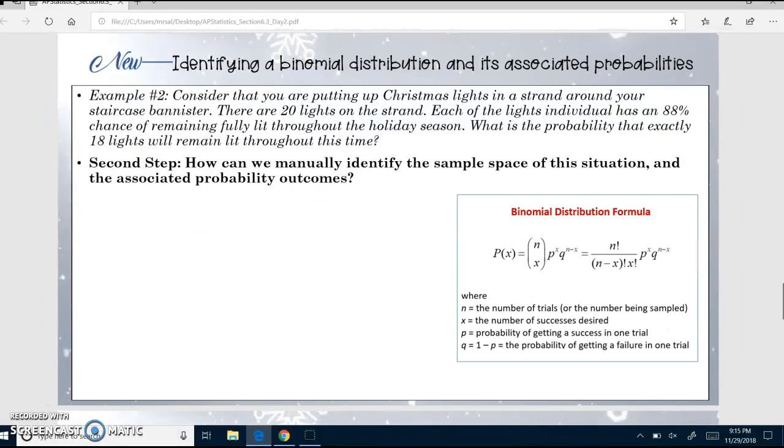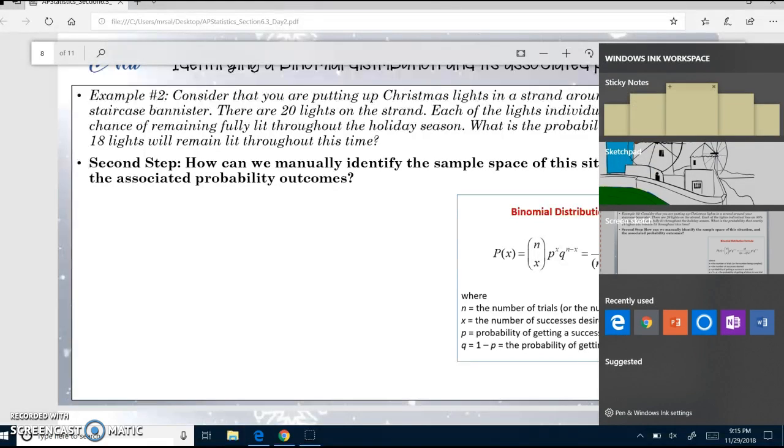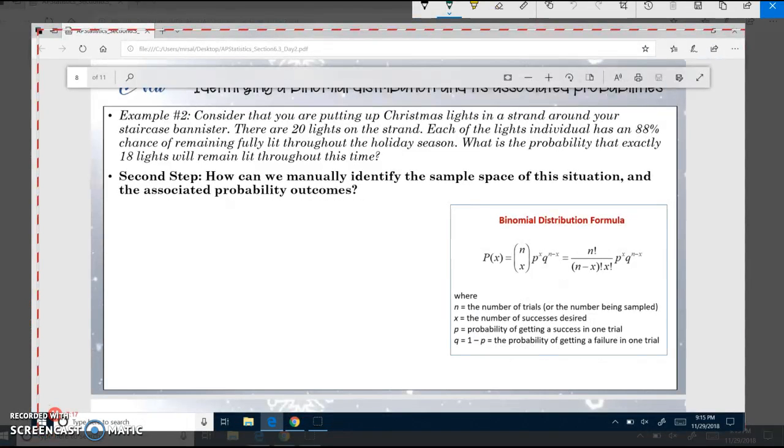So once we know it meets the binomial conditions, we can ask ourselves about this second step. How can we manually identify the sample space of this situation and the associated probability outcomes? Well, the short answer is we can't manually do this because that would be painful and we could spend close to our entire lives doing that. Because if there are 20 lights and you have two options of success and failure, that means your sample space is going to be 2 to the 20th power.